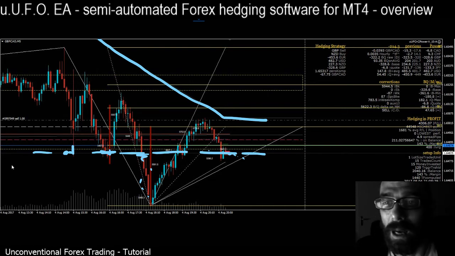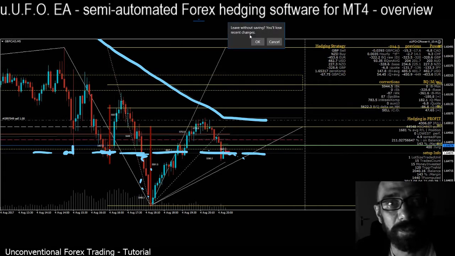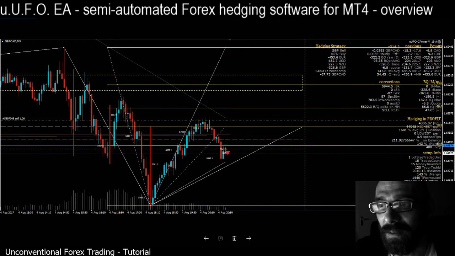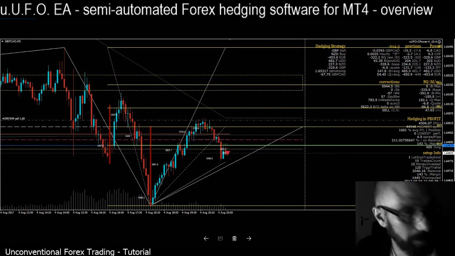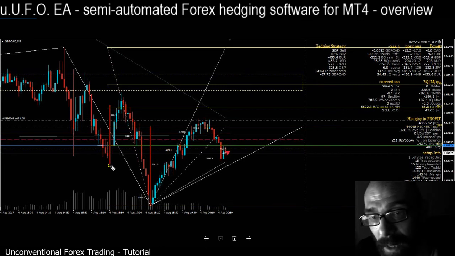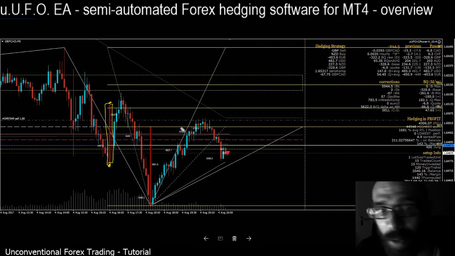Another little feature that I discovered and implemented in this algorithm is the fact that if you see these bars, this red bar here, they appear only in certain moments.